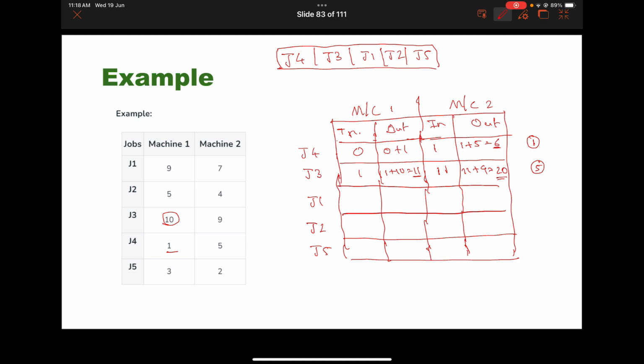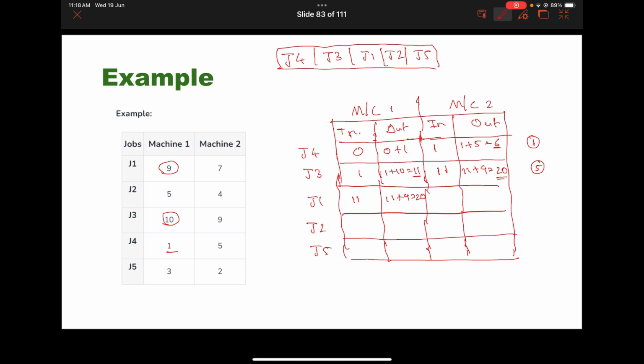And for J1, its processing time is 9. So the entry time will be 11, after machine 1. So 11 plus 9, that is 20.